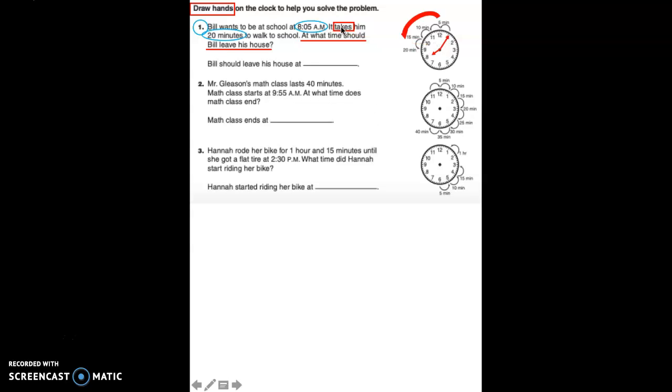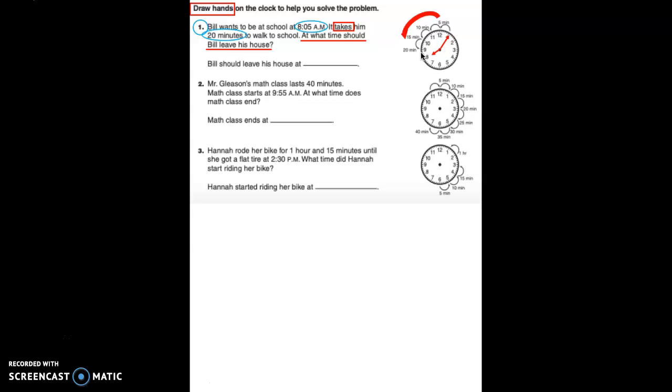Now, since it takes him that long to walk, they want to know what time should he leave for school. So I'm going to count backwards. So starting at my 5 minutes, remember we're counting backwards by 5. Every time you get to a number on the clock, that is minus 5 minutes.